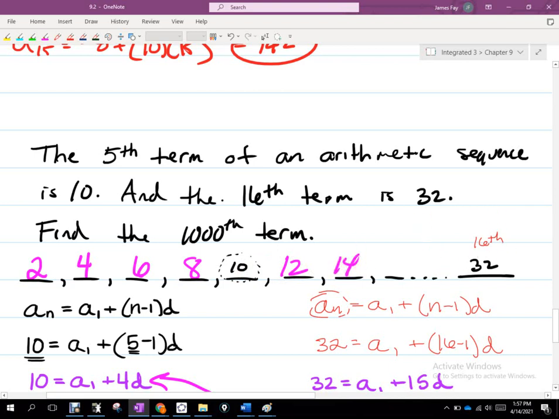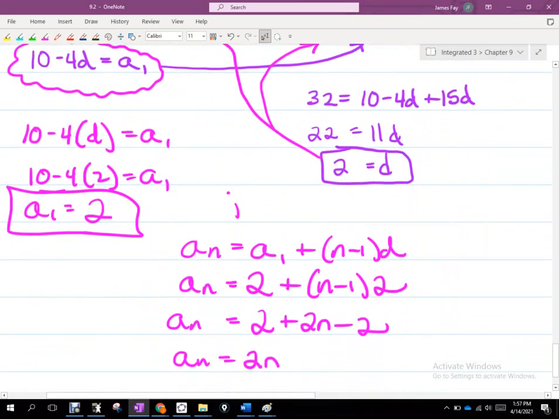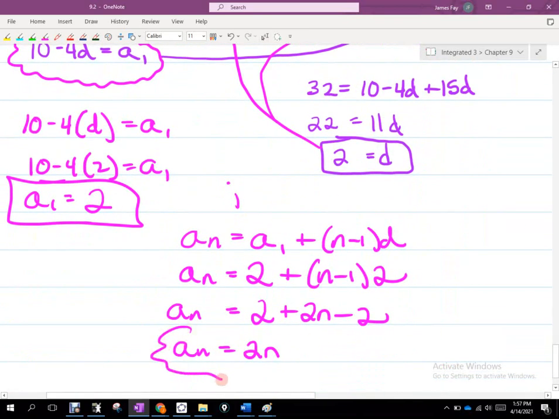If I get all the way to the 16th term, 2 times 16 would give me that 32, right? So the rule that we generated off of those two numbers and their respective positions can generate this formula. So when it asks what's the 1,000th term of that sequence, what is it? 2,000.